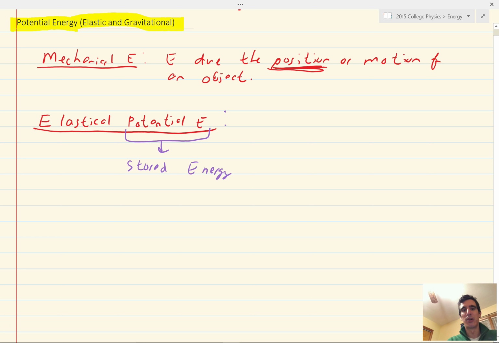So elastic potential energy is energy that's stored in a spring. Its units are the same as work: joules, capital J.